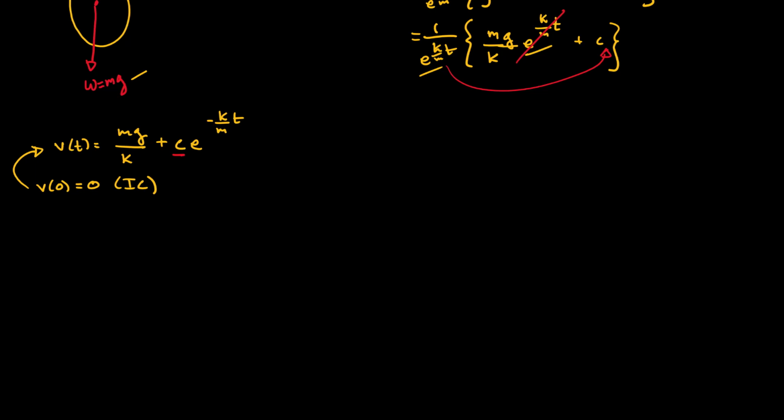So we have a velocity of 0 is equal to mg over k plus c. And now we know that e to the power of 0 will be equal to 1. Therefore, c is equal to negative mg over k.